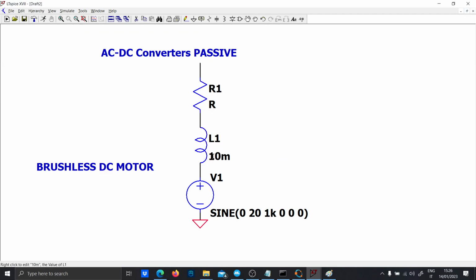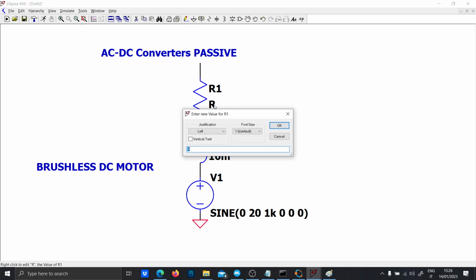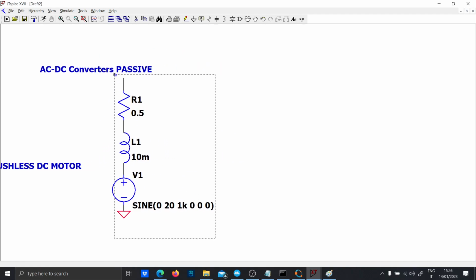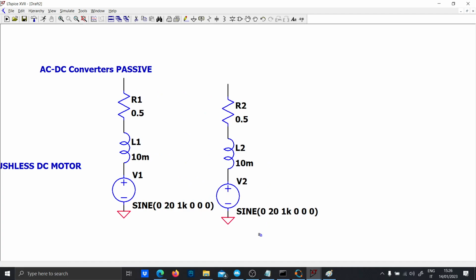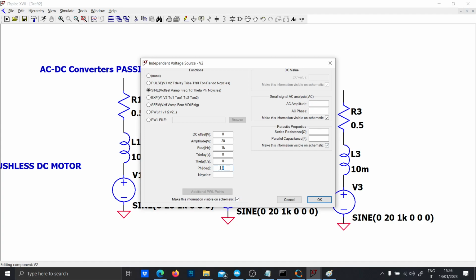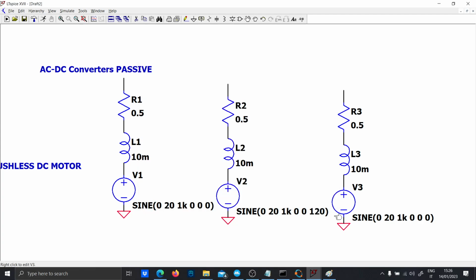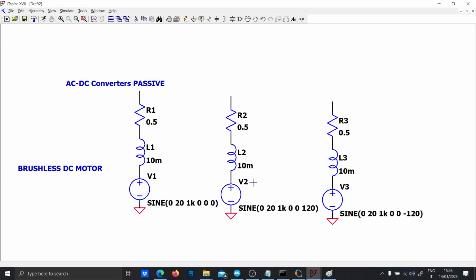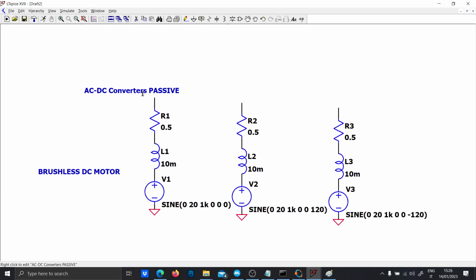So 10 milliHenry as inductance and 0.5 ohm as resistor. Now for the other two phases, just put something like this, with the only difference that the three phases are 120 degrees lagging each other.